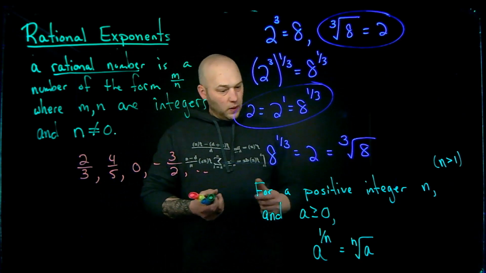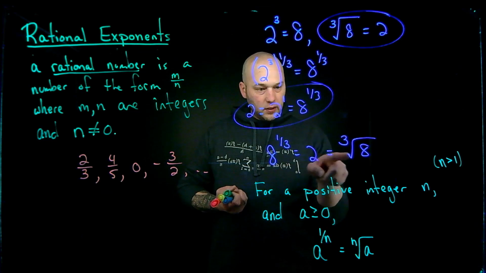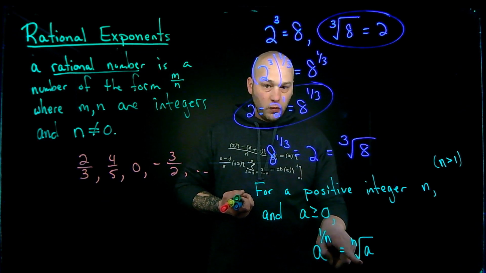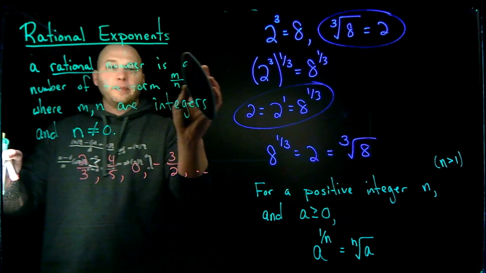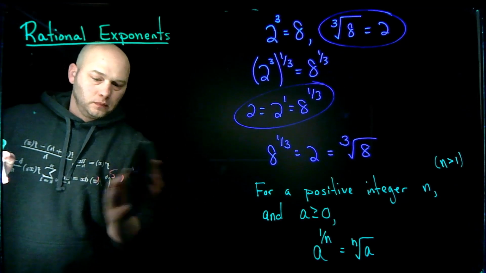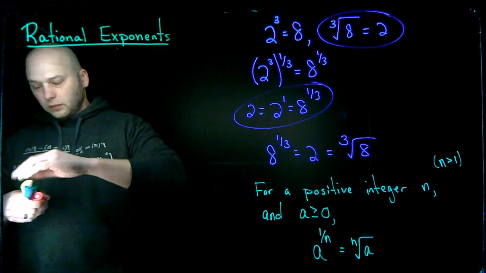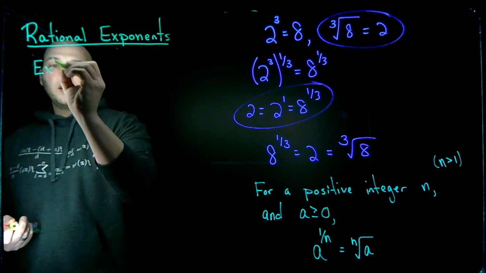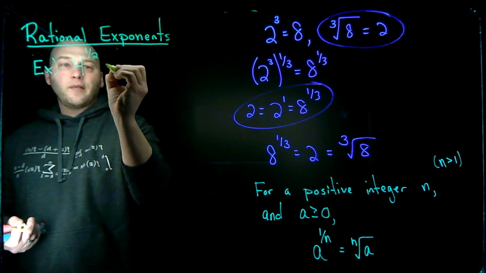Okay, so an exponent of 1/3 is the same thing as the cube root. An exponent of 1/2 would be a square root, because remember the square root has index 2. But let's do a few examples of that. All right. So for example, let's say I wanted to evaluate 4 to the 1/2 power.